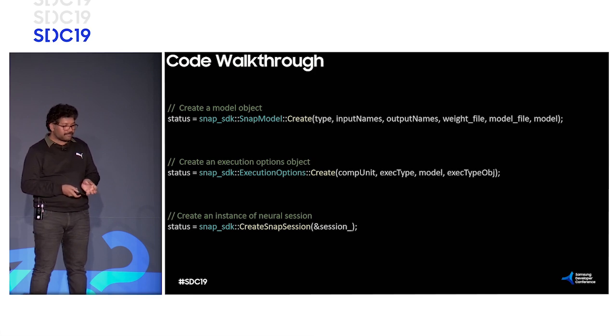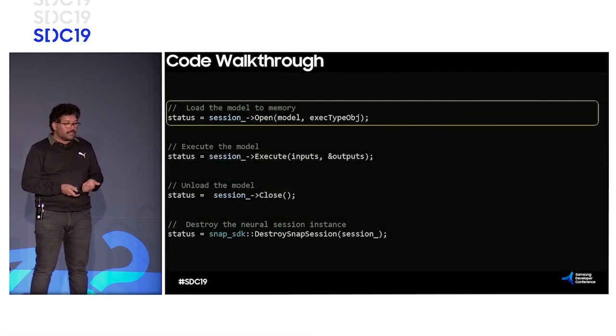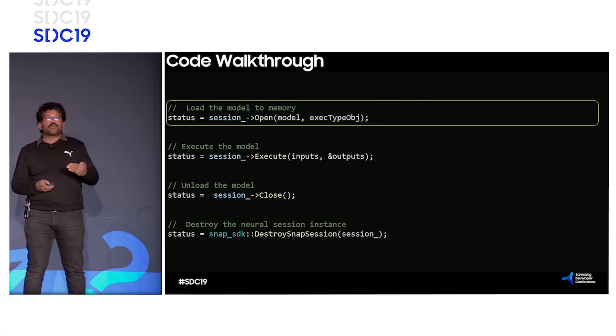So what next? Now we prepare the model. Whatever I mentioned in that runtime is a graph. So we nicely prepare the required execution environment for the selected computing unit through open.